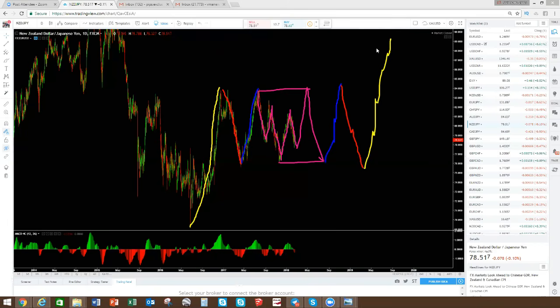So here, see here, the pink could be a flat correction, the blue, flat correction as well, red, flat correction as well. So let's not complicate it. If you like putting letters, you can put in your letters A, B, C, higher degree, A, B, C. All right.